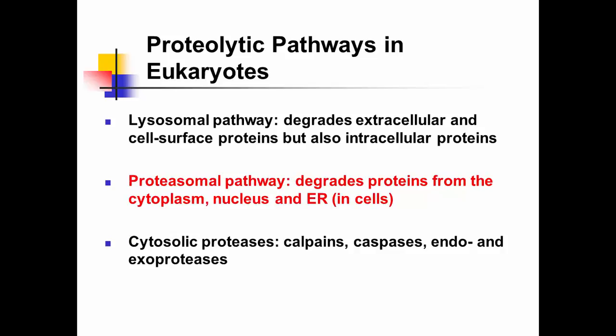All right. Now the second mechanism for protein degradation is the proteolytic pathway, the proteasome pathway, right? The proteasome pathway usually degrades proteins from the cytoplasm, nucleus, and ER in the cells. In general, the proteasome is the degradation system that degrades proteins inside of cells.